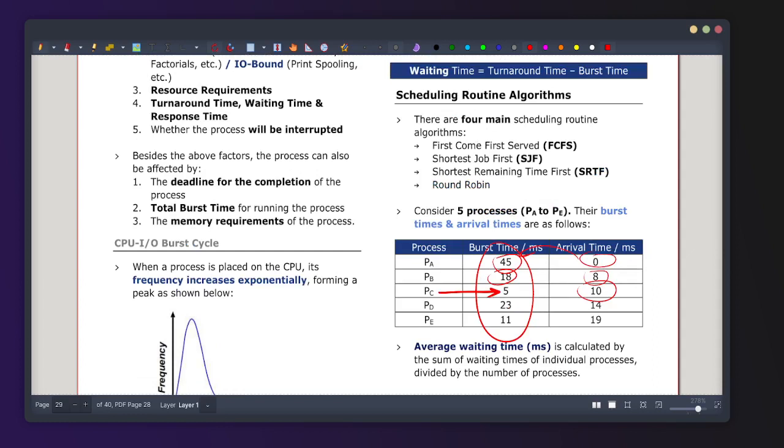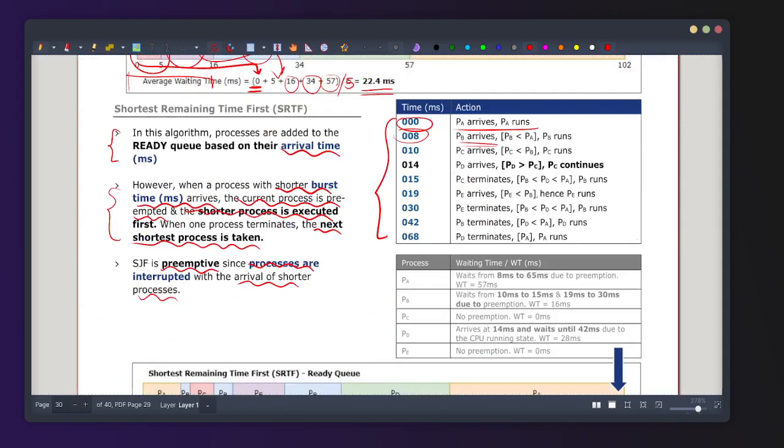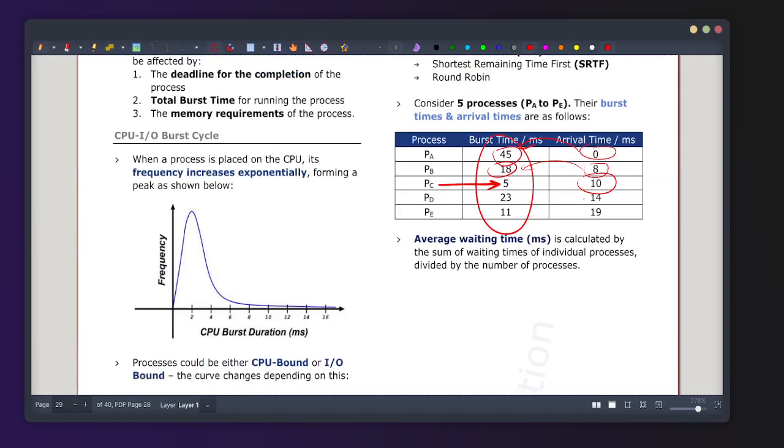So while those 45 milliseconds are being executed, process B comes along at 8 milliseconds. So what happens at 8 milliseconds? Based on this algorithm, we look at the burst time of process B, which is 18, whereas process A that is currently being executed is 45.